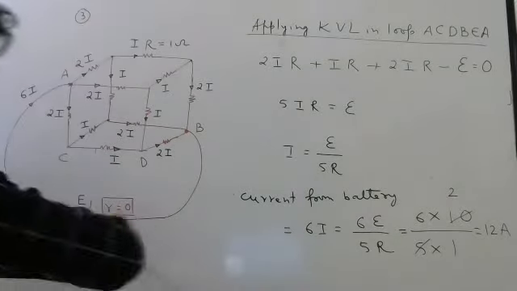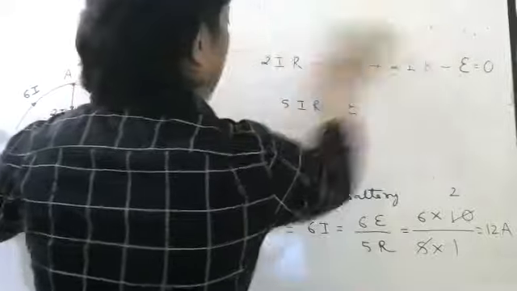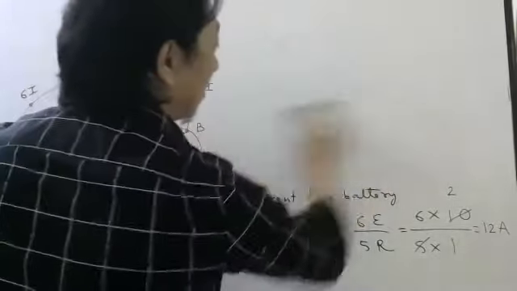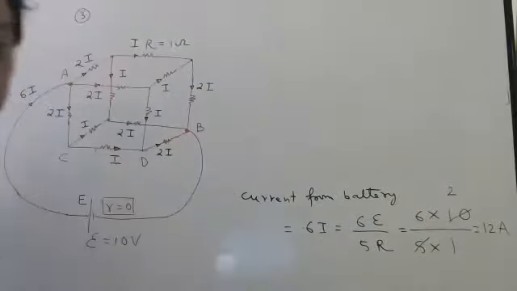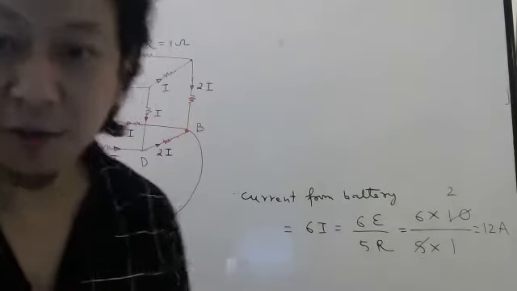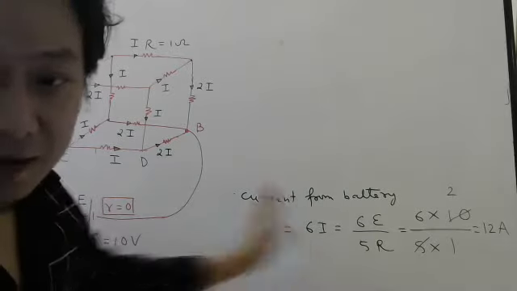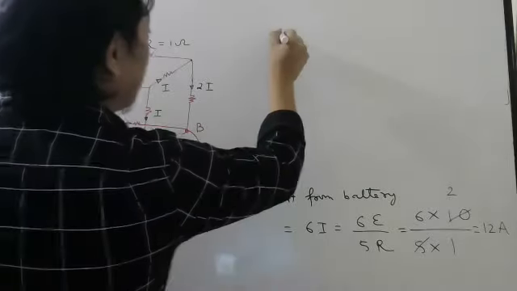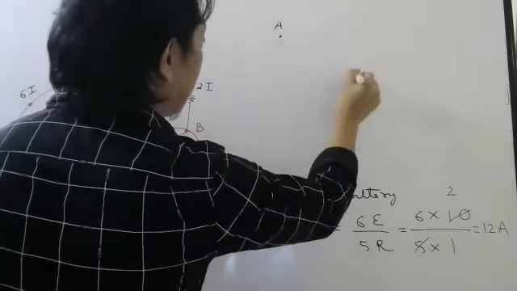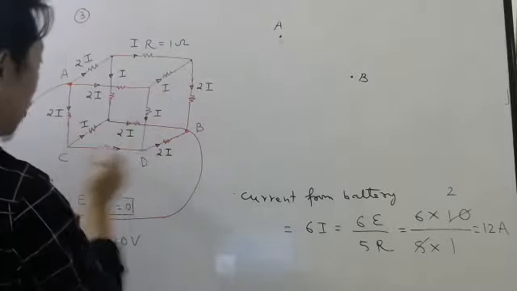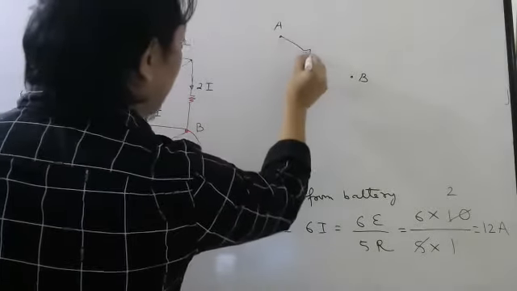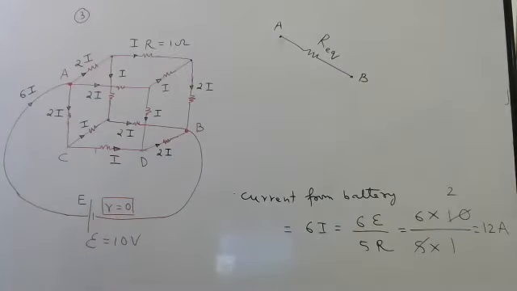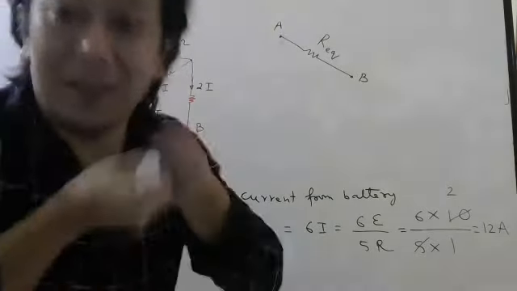Fine. Once we got the current from the battery, how to find the equivalent resistance? This is the first example where we are using Kirchhoff's voltage law to find equivalent resistance. So look carefully. Now I want the equivalent resistance between A and B. That means if you replace all of them by the equivalent resistance and put the same battery, the same current should be drawn.